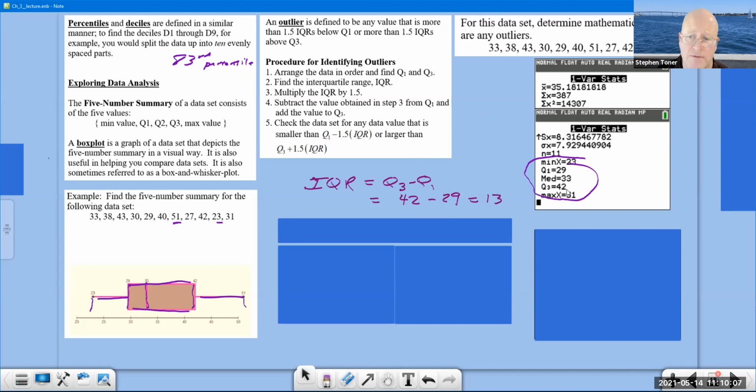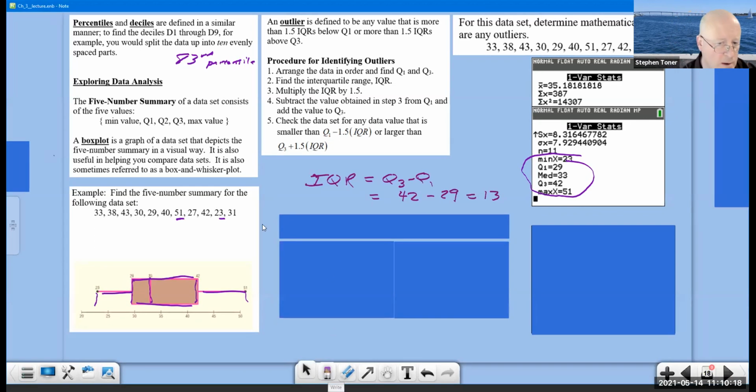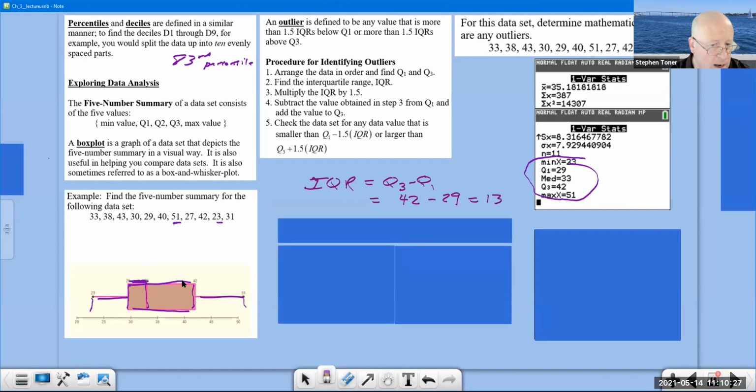Our Q3 was 42, our Q1 was 29, subtract to get 13. Now, while we have this portion right here, let me go back over to our picture and see what we're looking at visually. The IQR is really the width of this box. Okay, that is our IQR.